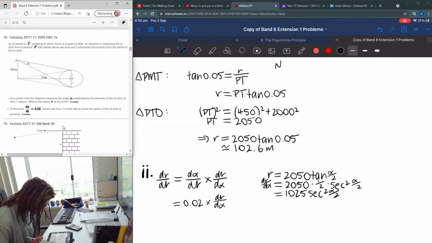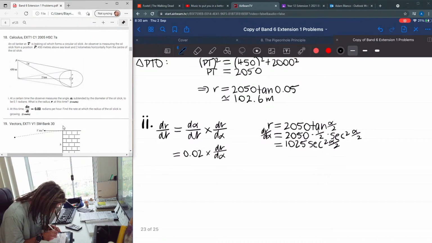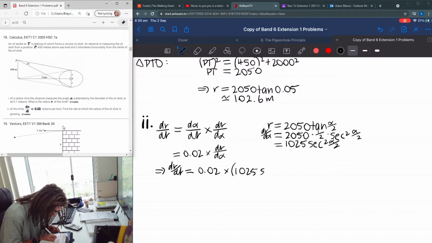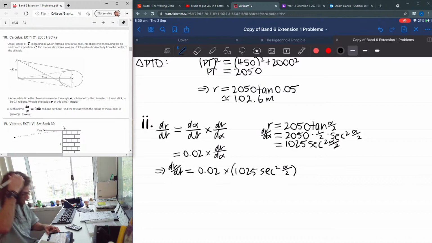Okay, so then I can go, therefore, this implies dr dt is 0.02 times 1025 sec squared alpha on 2. I can simplify that.